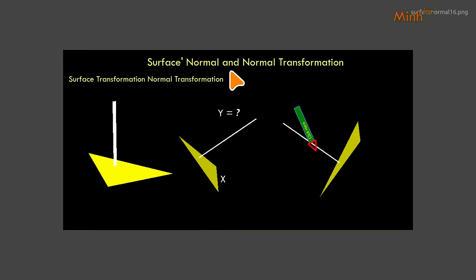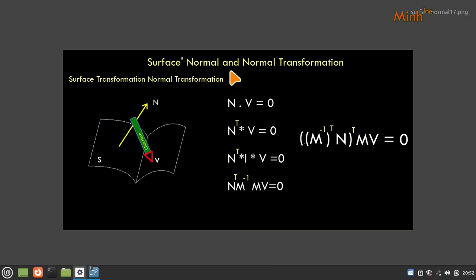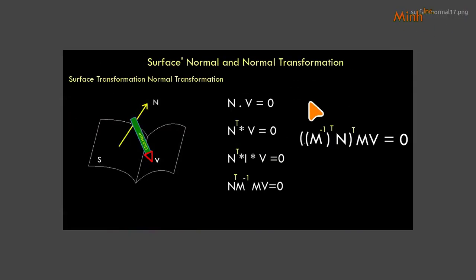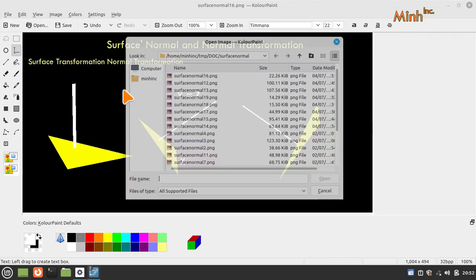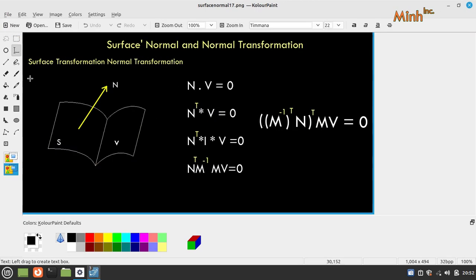Now I have a surface and V is any point on the surface.